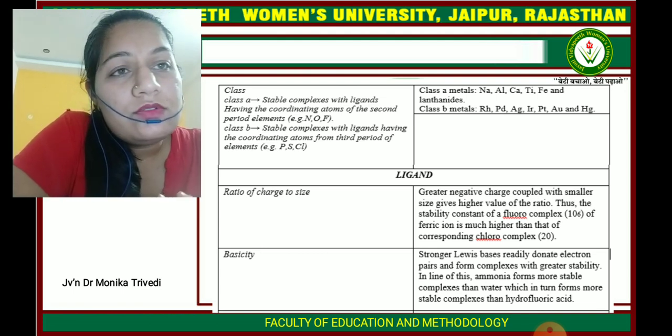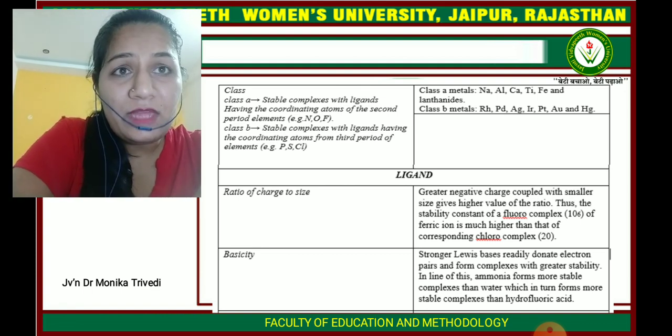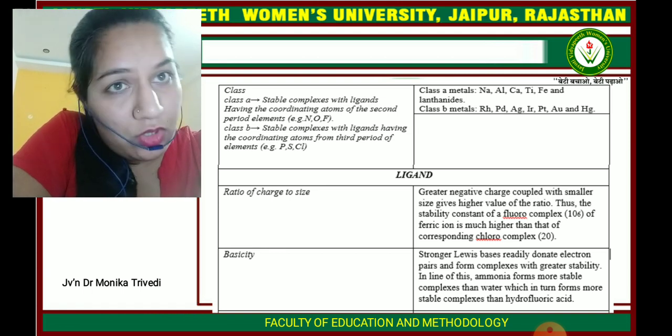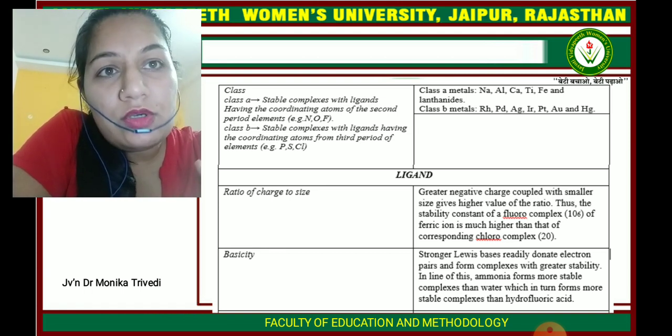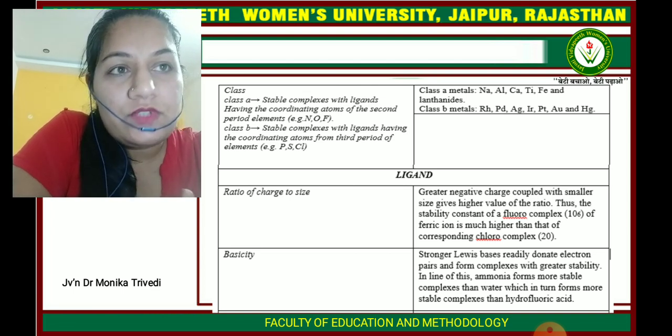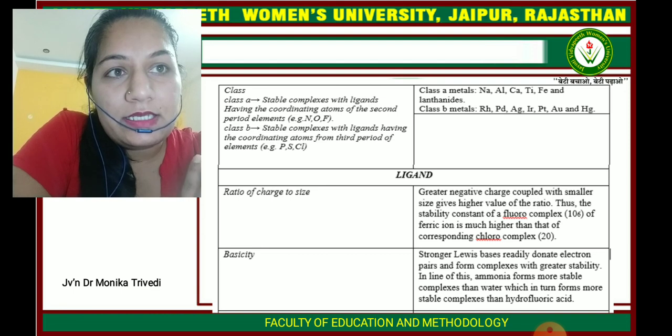If the type of ligand changes, the stability also changes. Consider the ratio of charge to size of a ligand: the greater negative charge with similar size gives a higher value of the ratio.